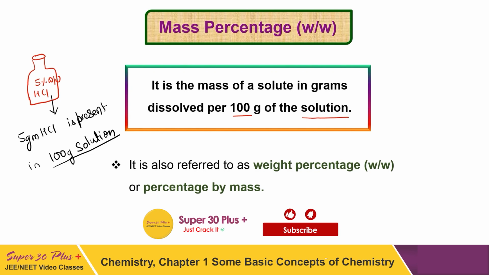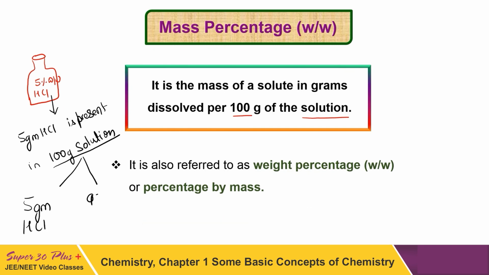Out of this 100 gram, 5 gram is HCl and remaining 95 gram is water, if solvent is water, which is most of the time water. So I should write it over here, it is aqueous solution.